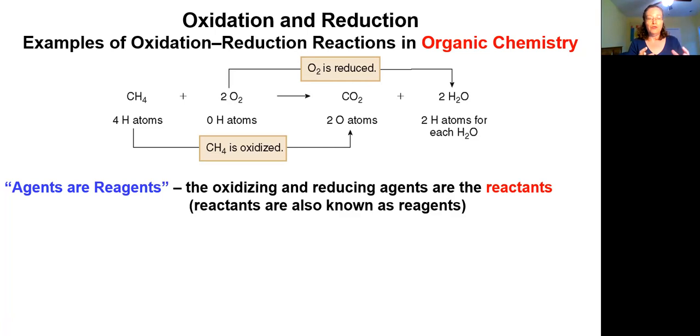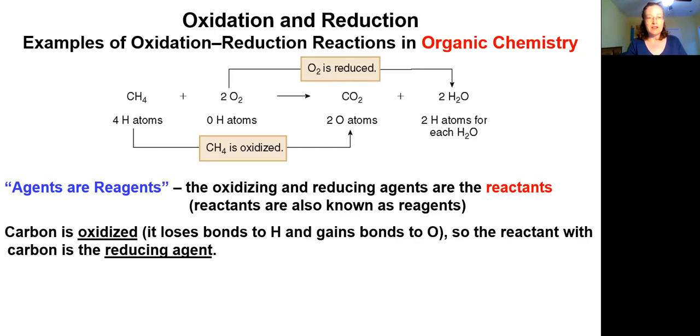So the CH4, the methane molecule, is which agent? If it's getting oxidized, it becomes the reducing agent. The agents are opposite. Carbon is oxidized. The reactant with the carbon in it is the reducing agent.